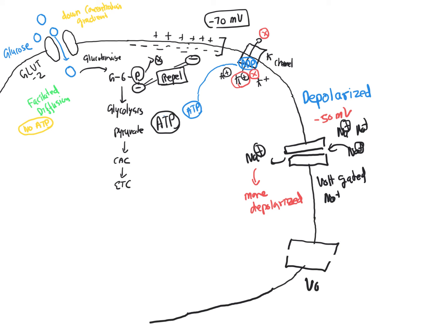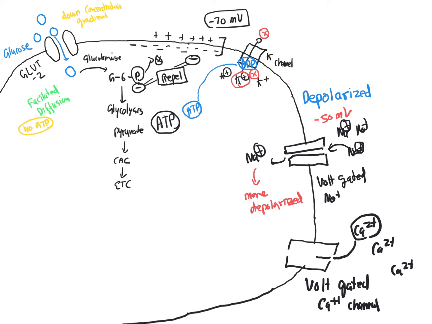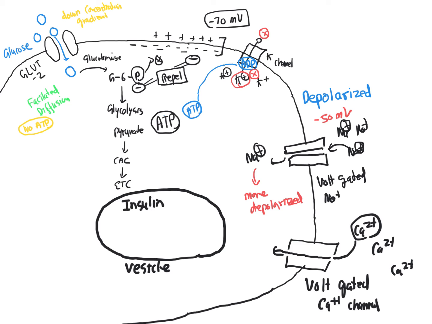The calcium channels are also voltage gated calcium channels, and when they open, the calcium enters into the cell and the calcium attaches to the vesicle. Now note that inside the vesicle we have insulin and we also have amylin, proinsulin, and C peptide.